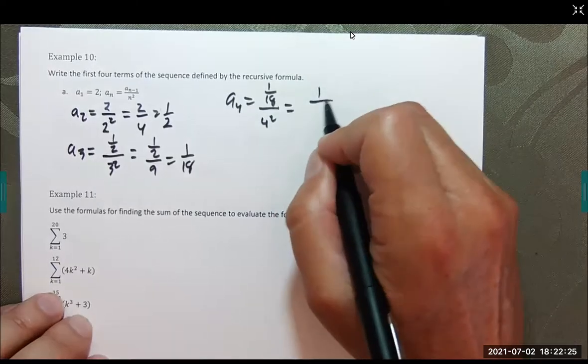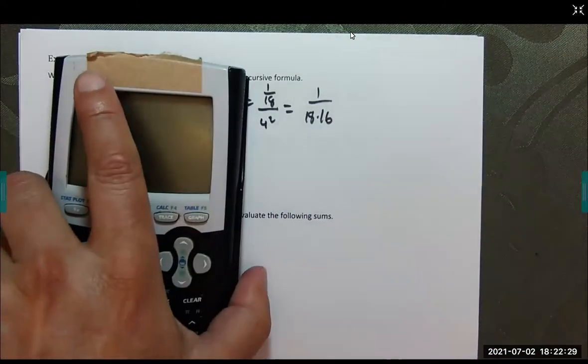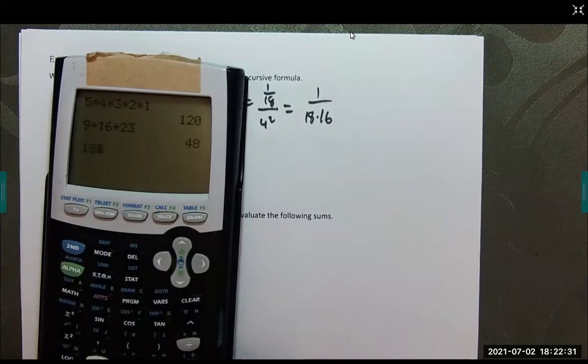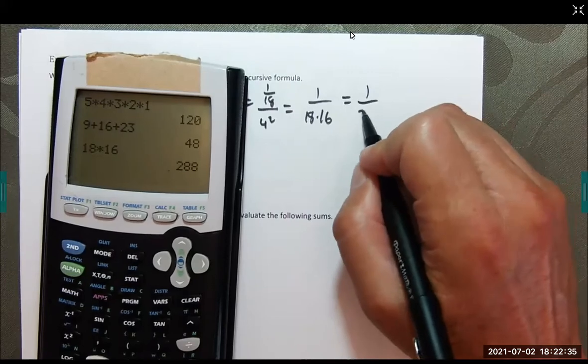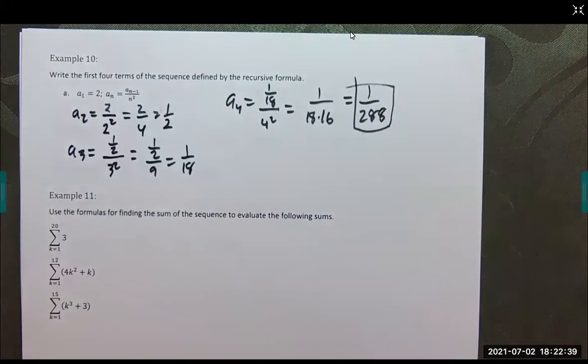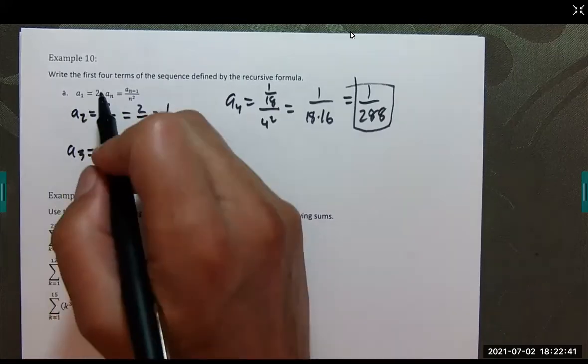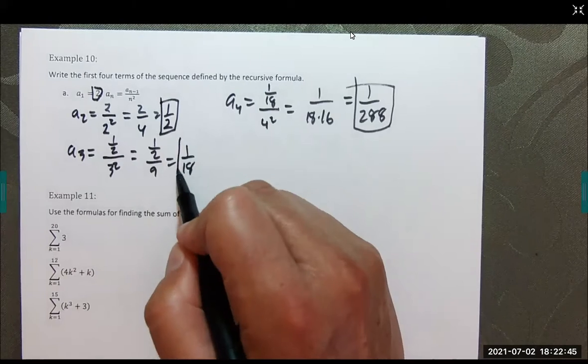So 1 over 18 times 16. Don't know what that is off the top of my head. 18 times 16. So 1 over 288. So there are the first 4 terms. There, there, there, and there.